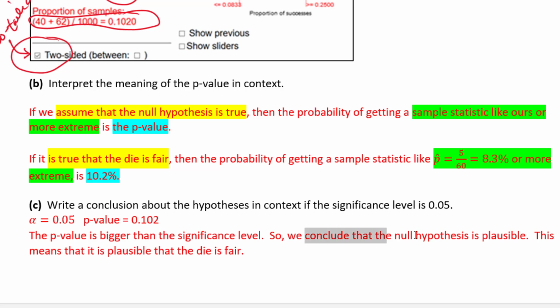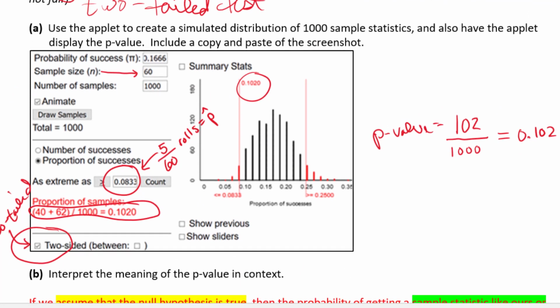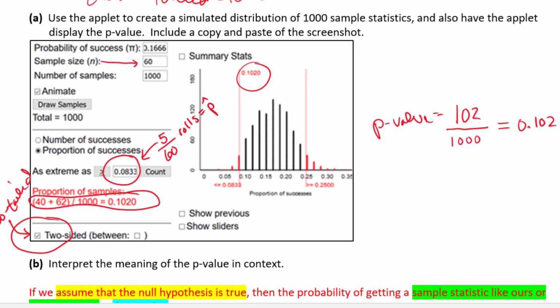So we conclude that the null hypothesis is plausible. So we conclude that it's plausible that this die is fair. So rolling only 5 2s when rolling it 60 times is kind of a normal, usual, expected sort of result if the die is fair.